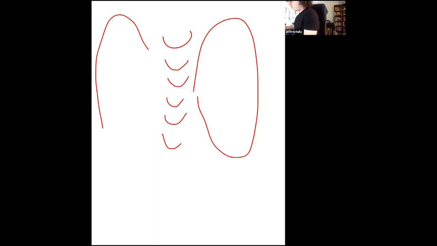So in a normal x-ray, and the other disclaimer should be I'm not an artist either, you have these lungs and air is loosened on x-ray. So you have basically dark lungs.